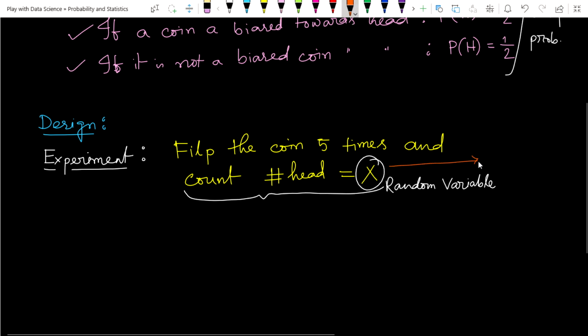On the basis of this count, this is the observed value. Let's write it down first. This is called the statistic.